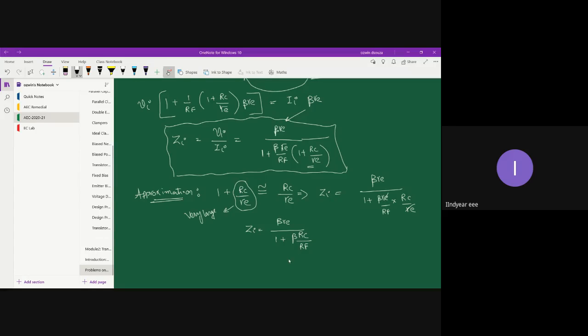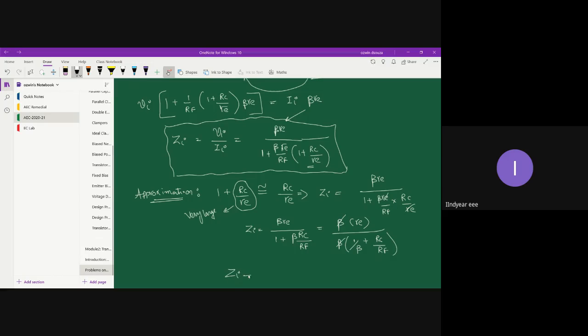Now I take out beta as the common factor from the numerator and the denominator. In the denominator, this becomes 1 by beta, and this becomes Rc by Rf. So beta cancels.